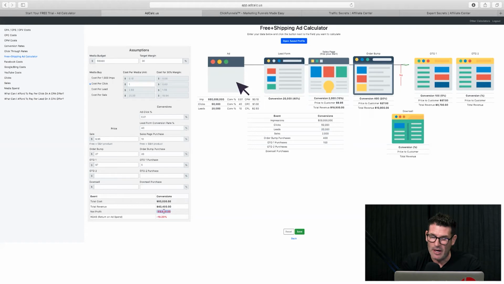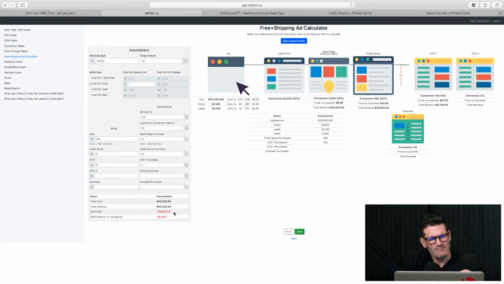But if you fast forward a year from now, you have made 120 grand minus your 9,600 bucks. Would you sign up for that? Absolutely. No doubt you would. Yes, you would. So that's important to understand.